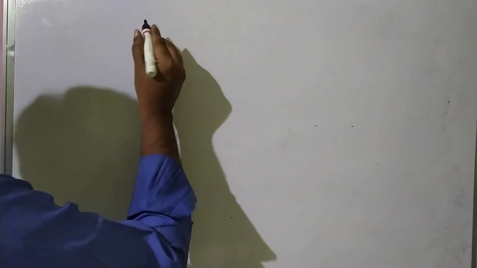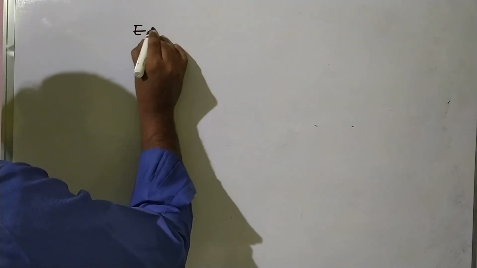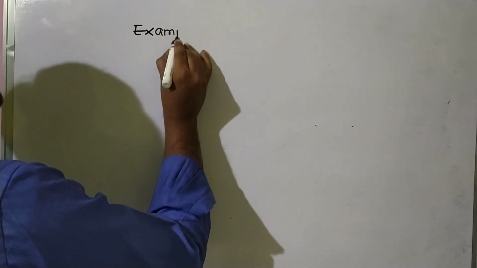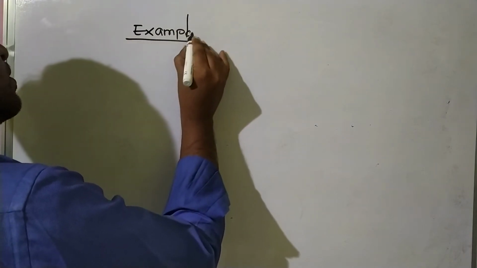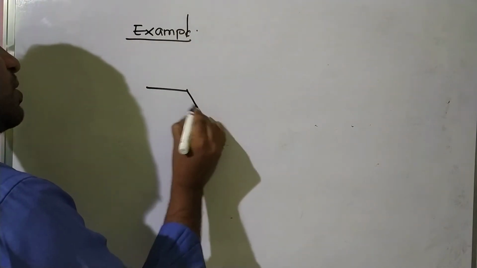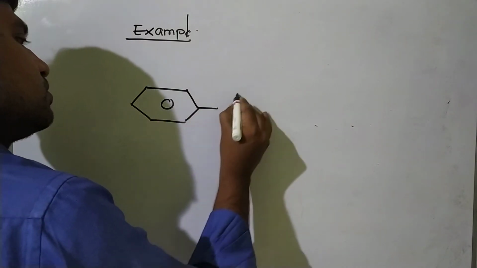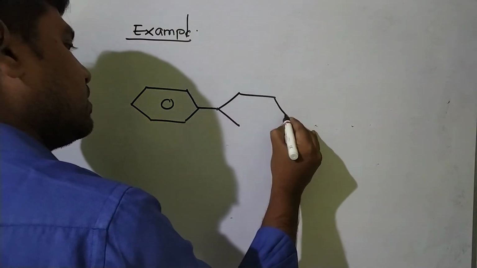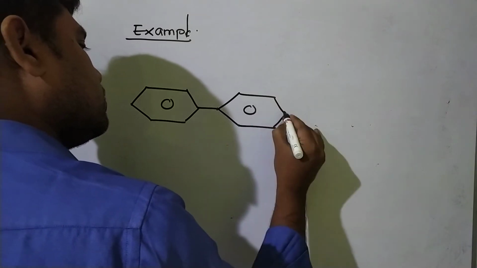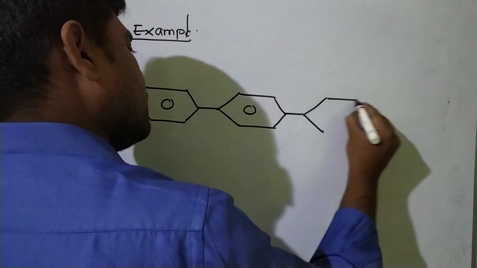Okay, now some examples. So this is the first benzene nucleus, this is the second one, and this is the third one.